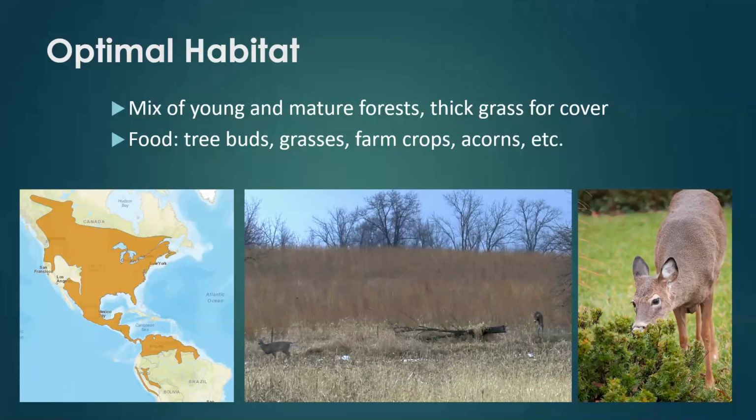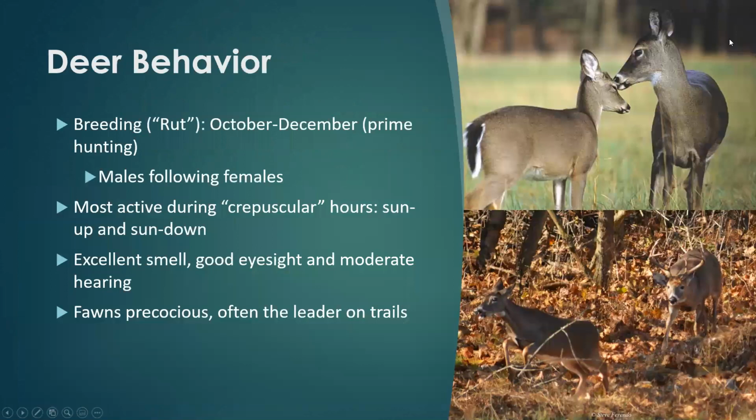Now, in this next slide here, we're going to get into, till it pops up here, more of the deer behavior. So now a big thing that hunters talk about is the rut. And this rut is going to center around white-tailed deer breeding, which actually occurs in early to mid-November across a lot of the Midwest.